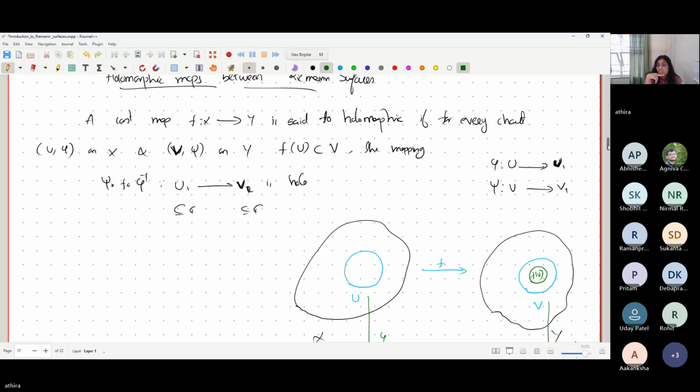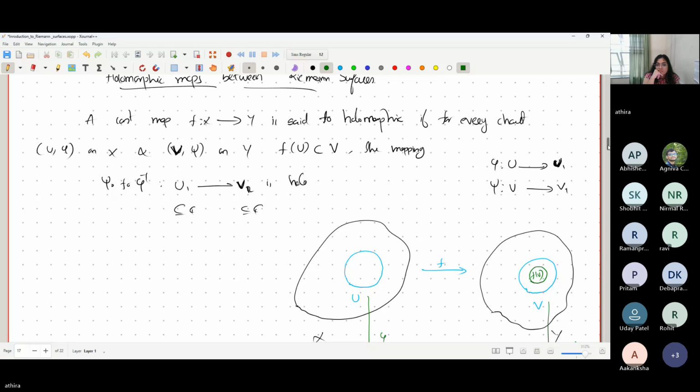Is it okay? I have one comment. I think you are also assuming f of U is a subset of V. So maybe there we can use continuity to ensure f of U is a subset of V, if you find such open subsets. But for that, we are already demanding that f of U is a subset of V. That is guaranteed if f is continuous. If f is not continuous, then it is not necessary.